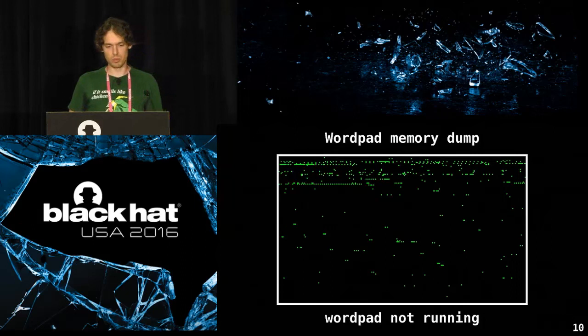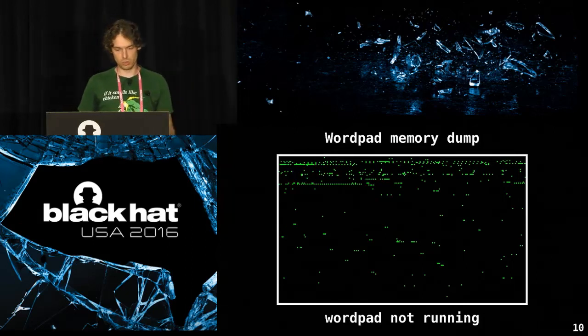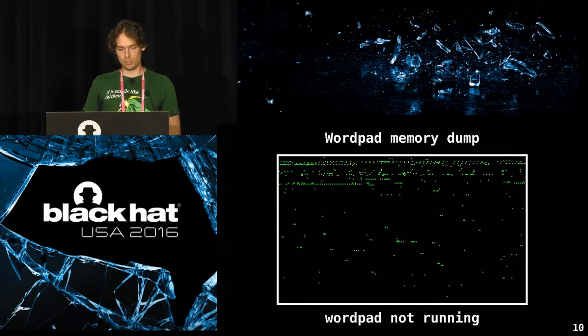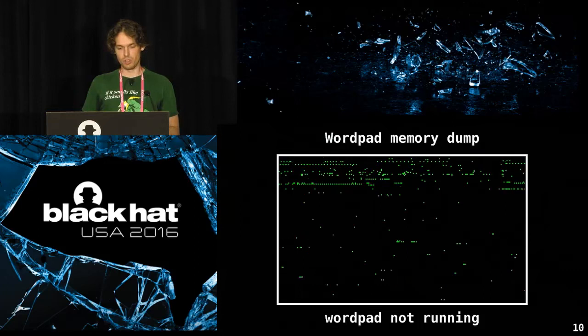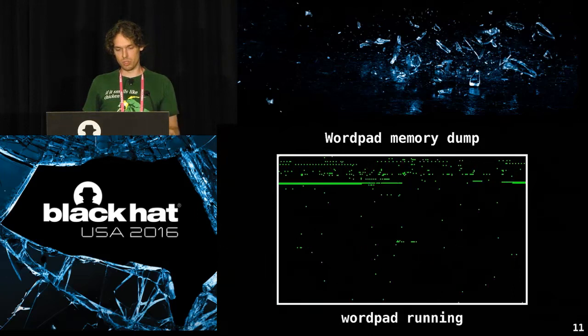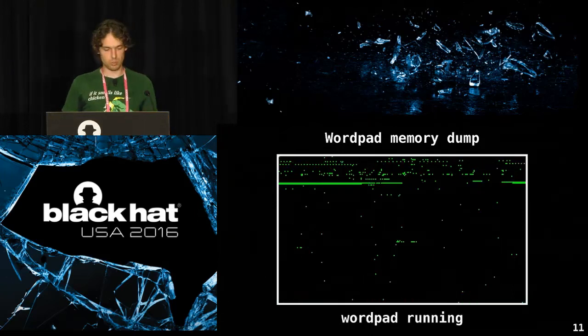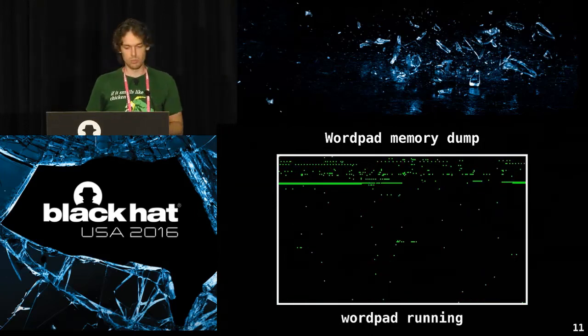This is a memory dump of WordPad, and then we restarted Windows, so that the ASLR is all different. These are two measurements where WordPad wasn't running. We see some deduplication of pages which are probably always in the system. And then when WordPad is running, we do see some extra pages being deduplicated.